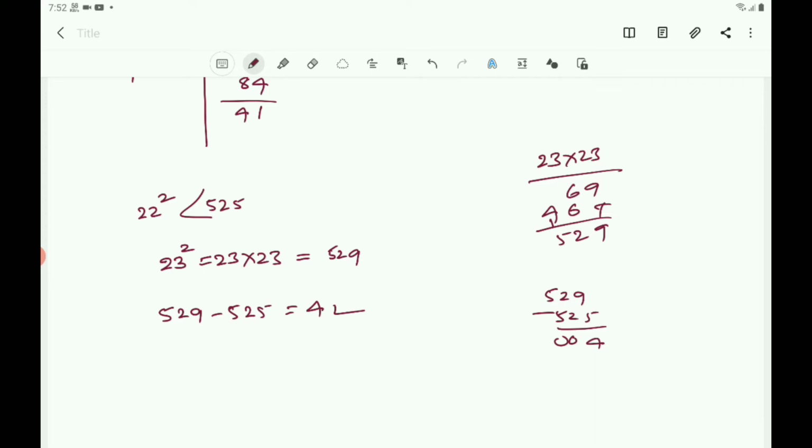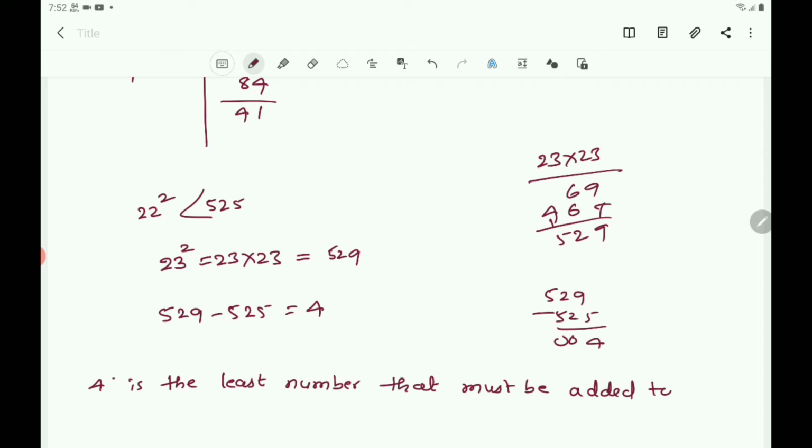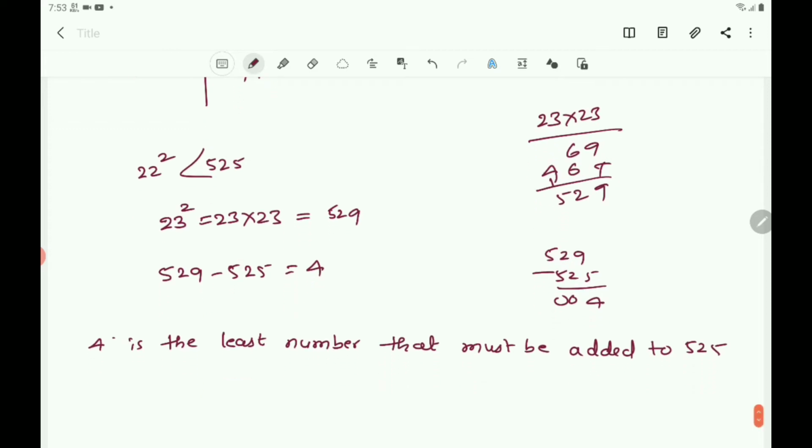Therefore you can take here 4 is the least number that must be added to 525 so as to get a perfect square.